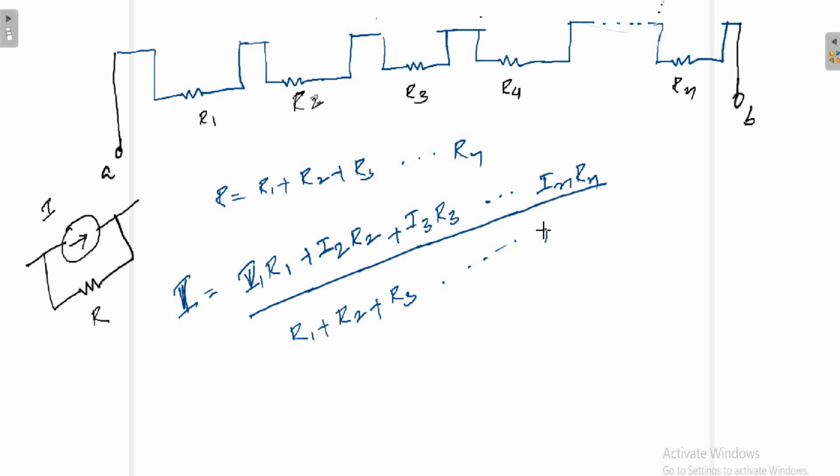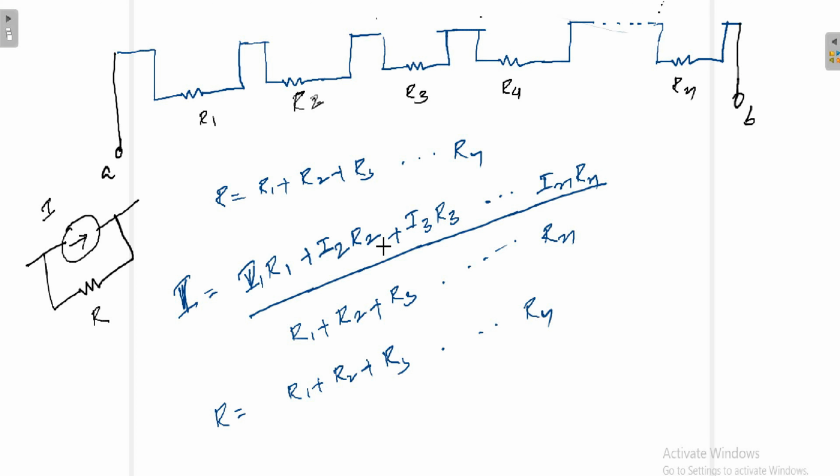Then R is equal to R1 plus R2 plus R3 through Rn. So this is the way we apply Millman's theorem in the case of current sources. For voltage sources, we consider V1 by R1. For current sources, I1 into R1, I2 into R2, I3 into R3, through In into Rn.